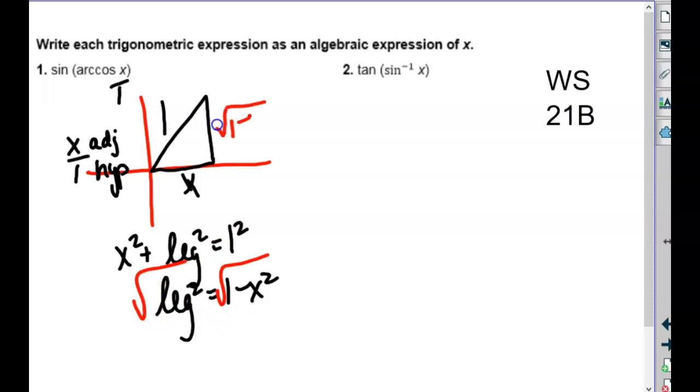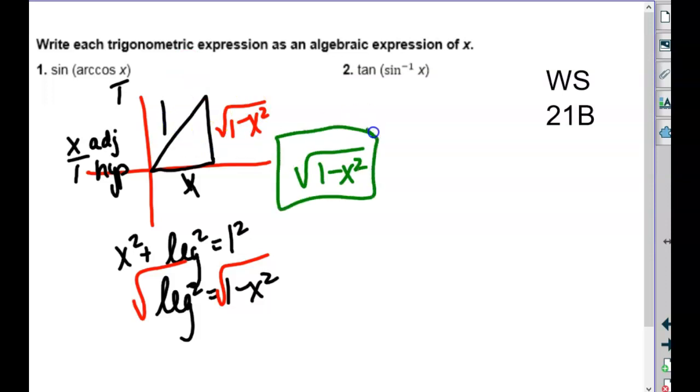Everybody good? Now it wants the sine. Sine of that would be square root of 1 minus x squared, all over the hypotenuse, which was just 1.